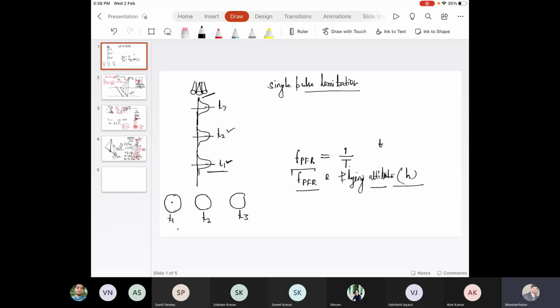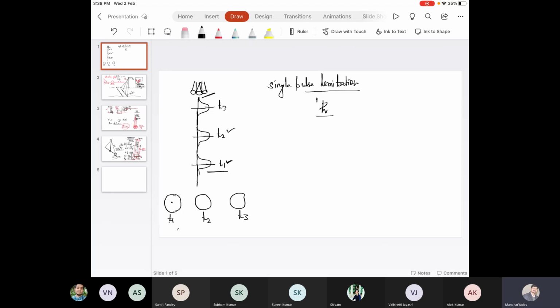So first we'll see. Let's say if your aircraft is flying at height h. Aircraft is flying at height h. So in two-way movement, we can say that two-way, the forward propagation and then backward propagation.